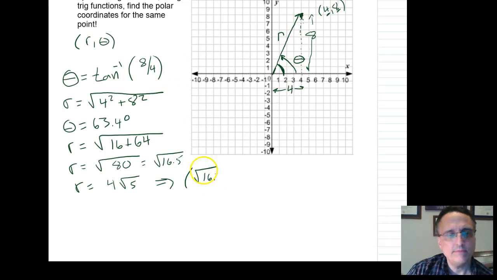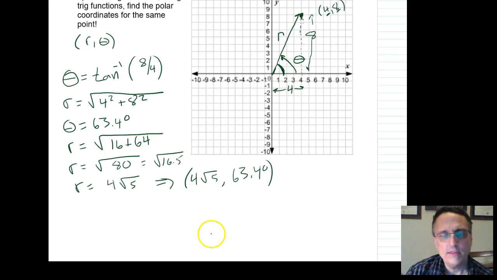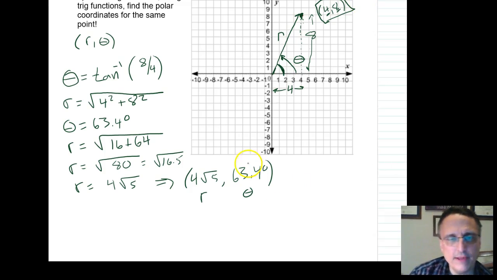It would be 4 times the square root of 5, comma, 63.4 degrees. That is the polar coordinate equivalent to the rectangular coordinate of 4, 8, like that. Okay, so nothing too complicated about that.